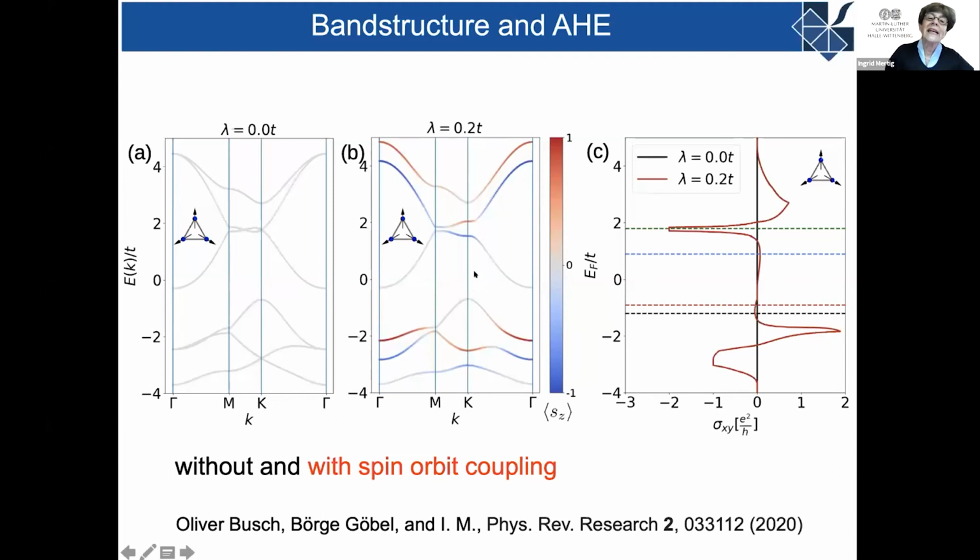You also get a little anomalous Hall effect here with spin-orbit interaction due to the out-of-plane magnetization. But this out-of-plane magnetization is so small that the signal would not correspond to the size of the signal that is calculated from the Berry curvature.